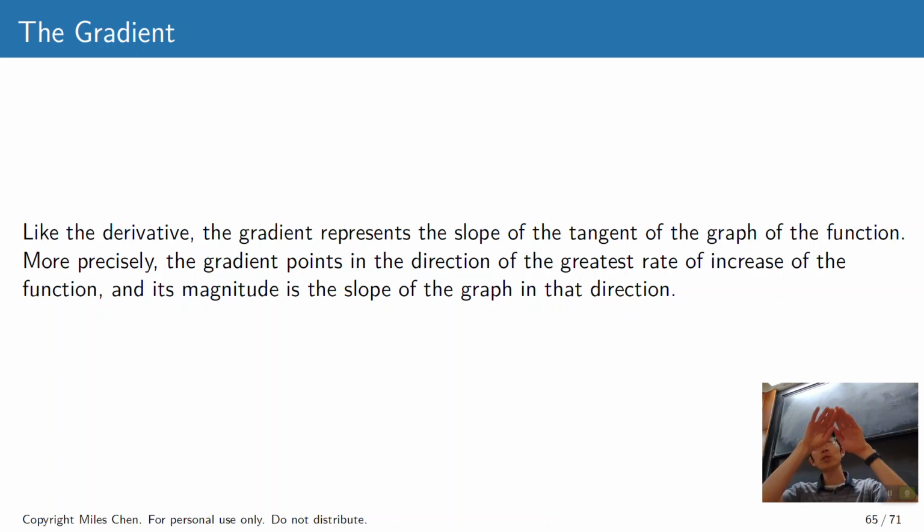If you reach the bottom of a valley or a bowl, or the top of a hill, then you don't have a single direction of greatest increase, because your gradient is 0 at that point.